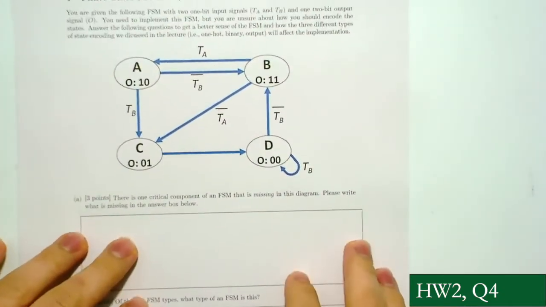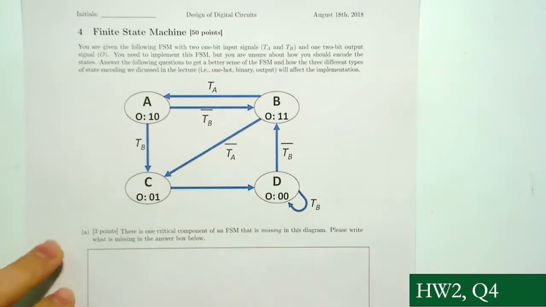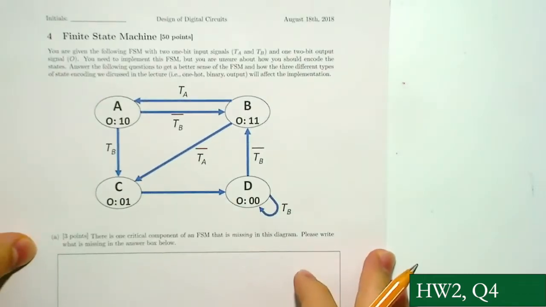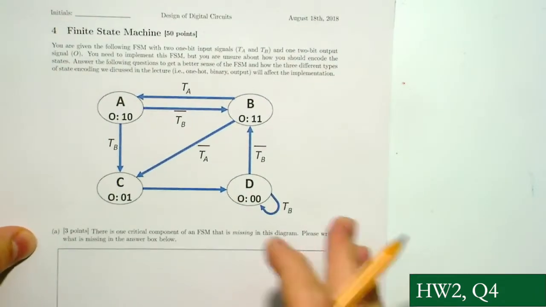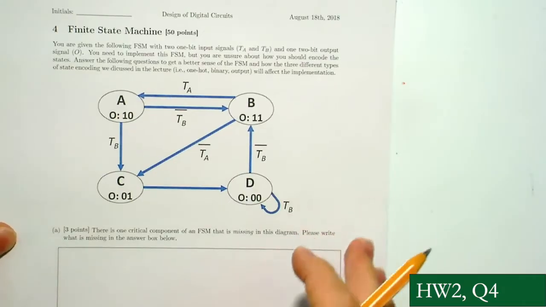I'll solve the fourth question from the exam. All right, we'll solve the fourth question from the exam. So the fourth question is about the FSMs, the finite state machines. So in this question, you are basically given a state representation of an FSM.